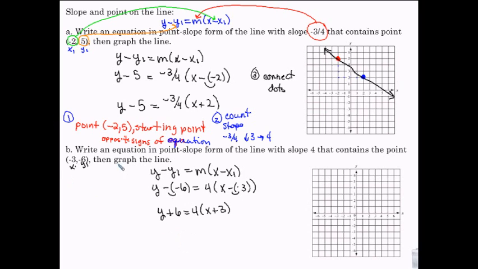Okay. My point to start with is right here. So I'm going to start at negative 3, negative 6. My slope is 4, which is 4 over 1, which means I'm going to go up 4 over 1.